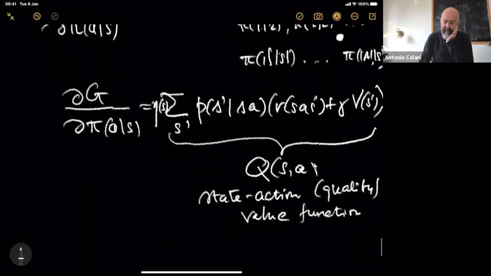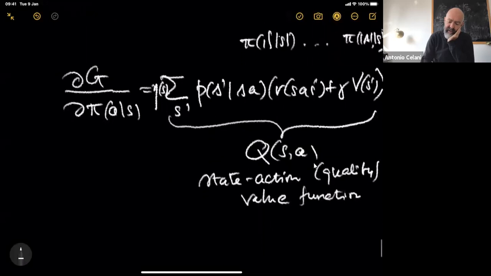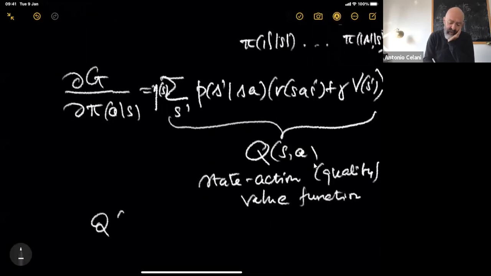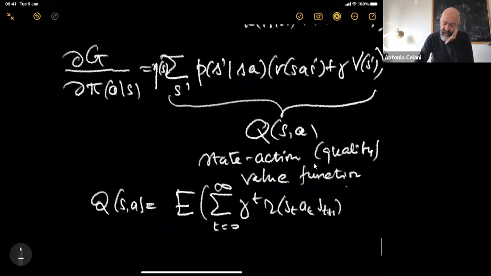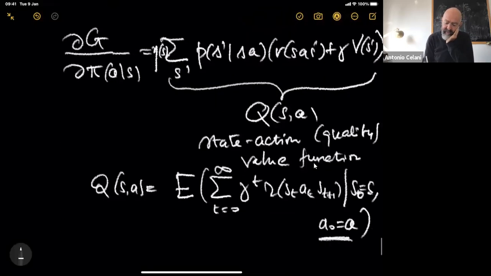So this is nothing but this object Q. You can realize by looking at this formula that Q(S,A) is just the expected value of the sum of gamma^t r(S_t, A_t, S_{t+1}). But now this is conditioned on the fact that S_0 is equal to S and A_0 is equal to A. Okay. So it's just like the value function, but now you're conditioning also on the choice of A.